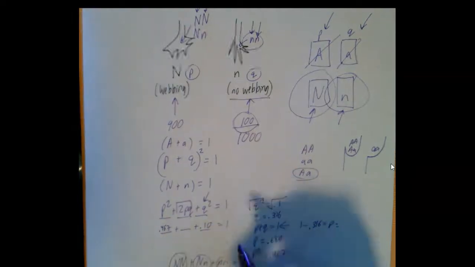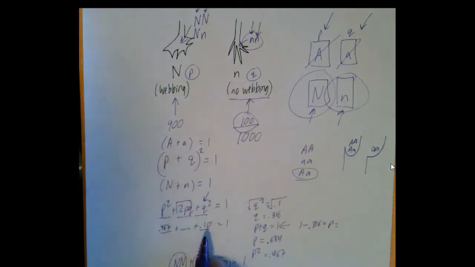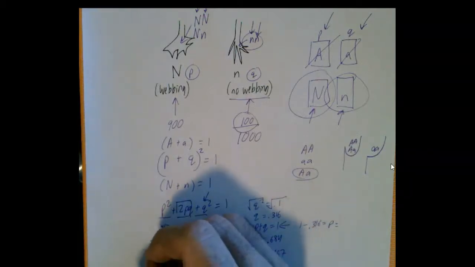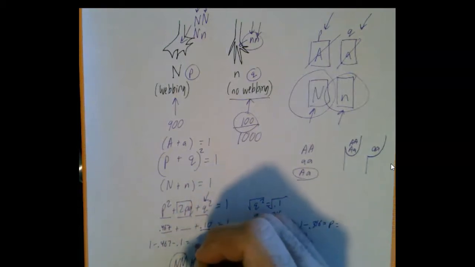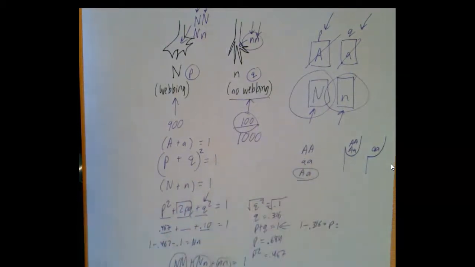10% of the population is little n, so therefore I really have to do now 2nd grade math and figure out, well, this plus this unknown plus this equals 1. So all I now have to do is just say, right, 1 minus 0.467 minus 0.1 is going to equal 2pq, which is basically this and this.